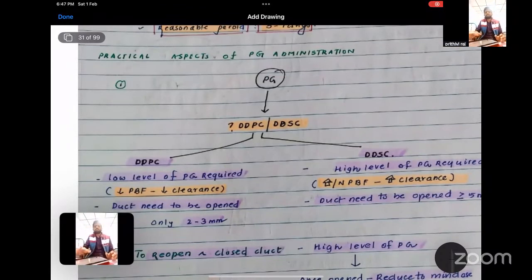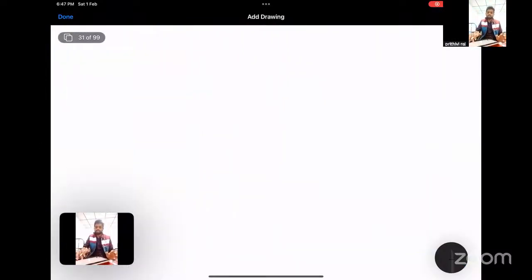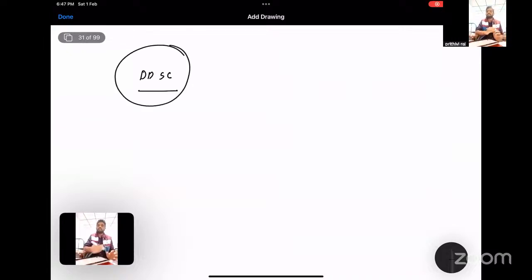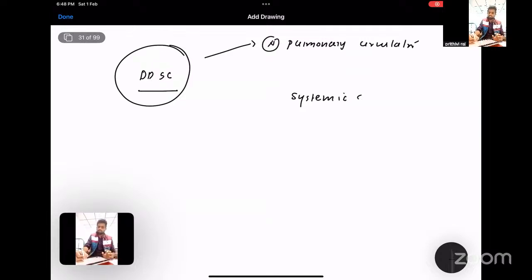So when you are suspecting a duct-dependent systemic circulation or a duct-dependent pulmonary circulation. In a duct-dependent systemic circulation, the fundamental point is that they have a normal pulmonary circulation, so the pulmonary blood flow is good, whereas the systemic circulation is impaired. So from the pulmonary circulation, you have to bypass this blood.